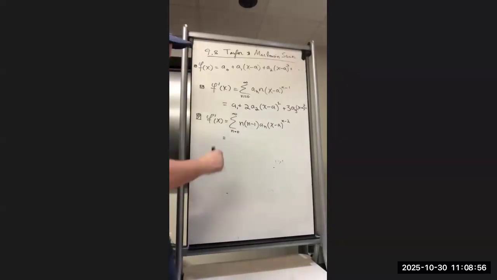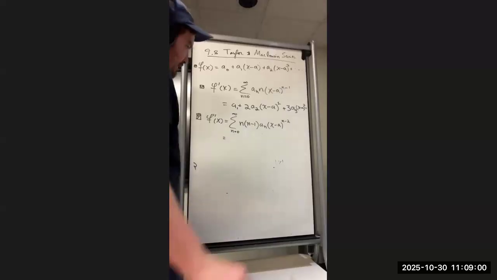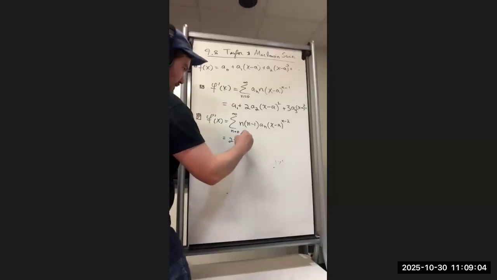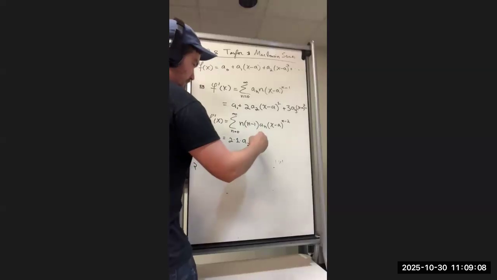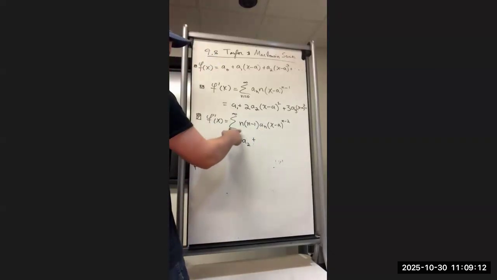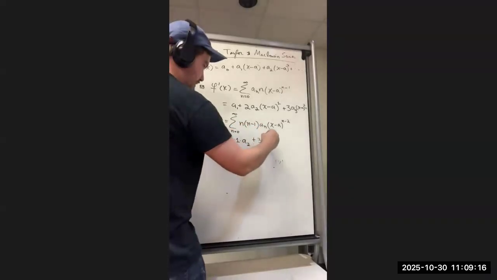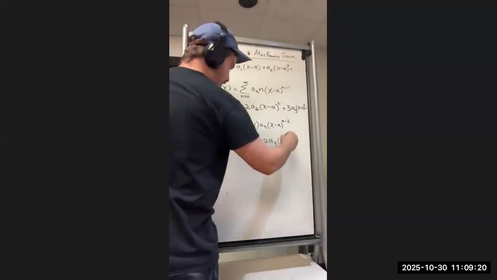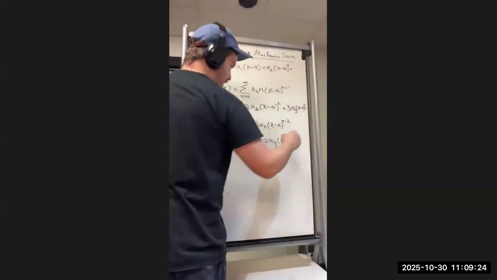So if I expand this guy, when I plug in n equals 2, I'm going to get 2 times 1 times a2, plus, when I plug in 3, I'll get 3 times 2 times a3 (x minus a), and so on.